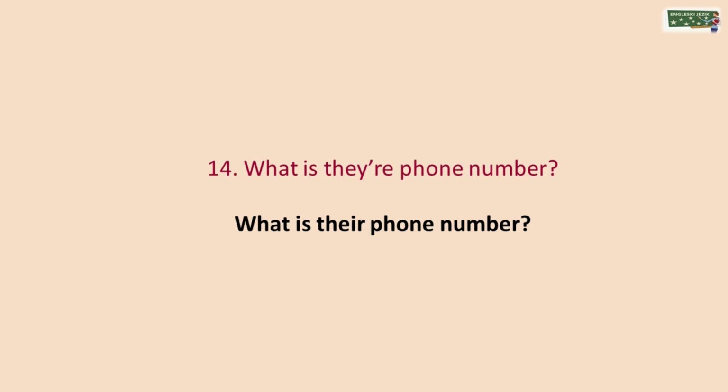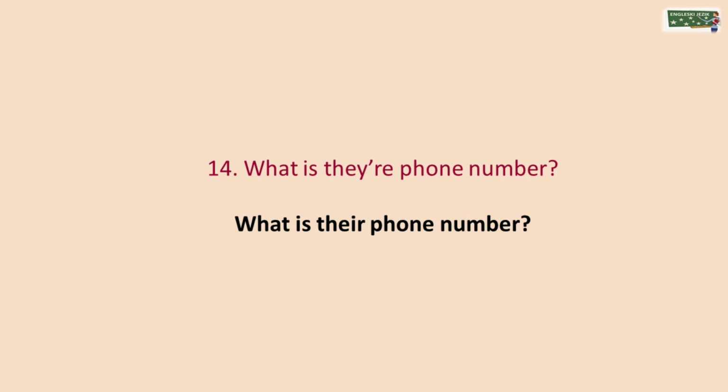Number 14. What is their phone number? Yes, the mistake is in there. THEY'RE is short for they are. So it is not supposed to be what is they're phone number. This is just a mistake.